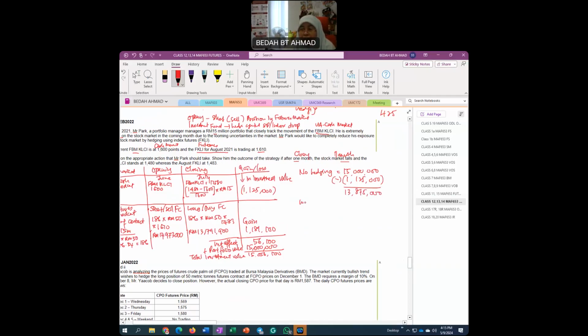Okay, with hedging, the total value of investment is 15,056,100. So hedging is a benefit, because it increases the total value of investment.